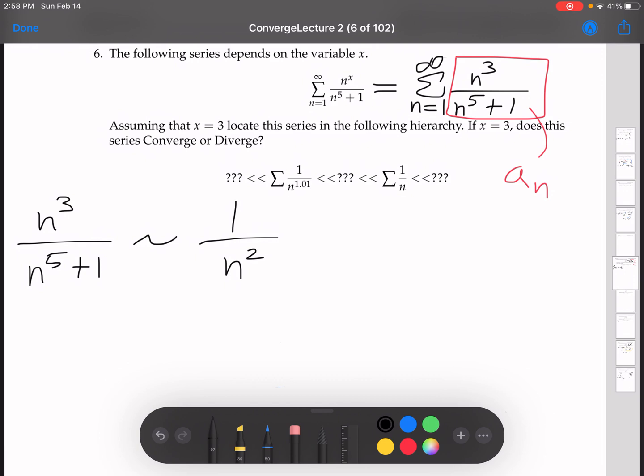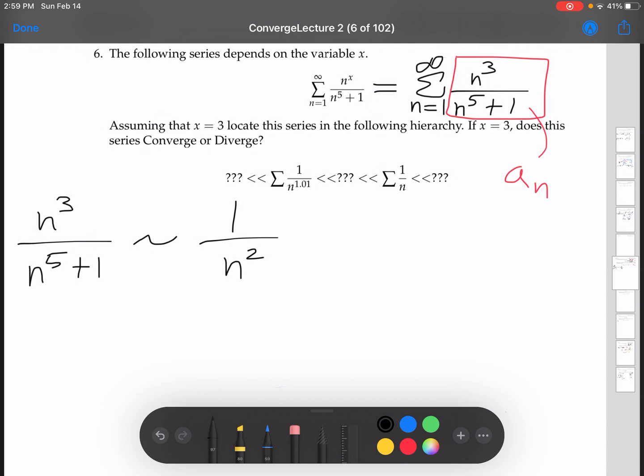And so what this tells us is that, since these two sequences here, not series, since these two sequences are similar, we know that their associated series either both converge or both diverge, and that they both sit in the same place in the hierarchy.